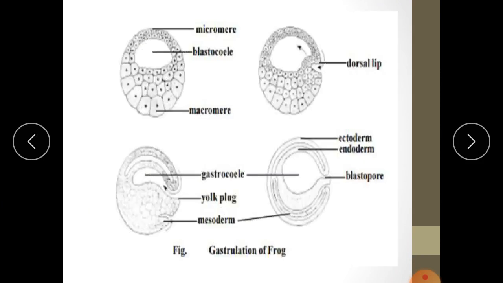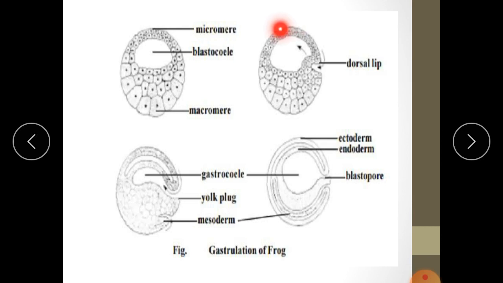Look here. These cells multiply at a faster rate. As a result, they move towards one point of the egg where the involution of cells occurs.